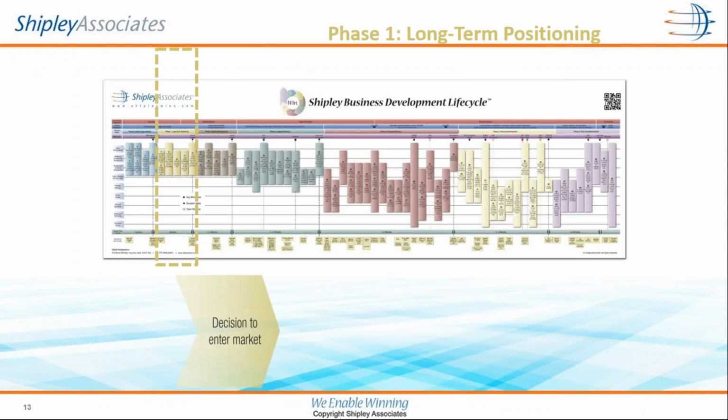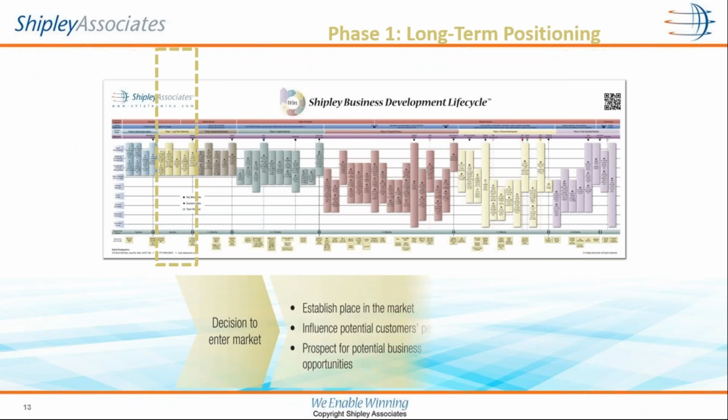So we've made a decision to enter or try to enter a market. We've established a place in this market. We are positioning ourselves, promoting ourselves. We're meeting with prospective customers and partners, and ultimately we need to make that interest decision going forward.